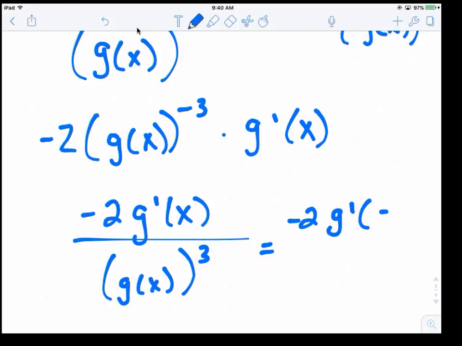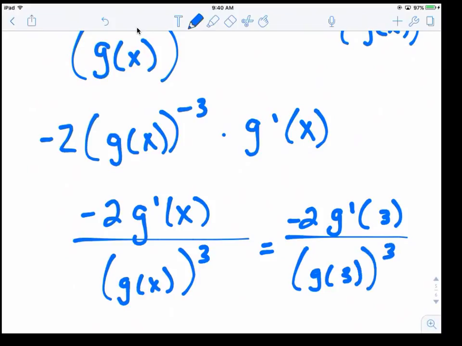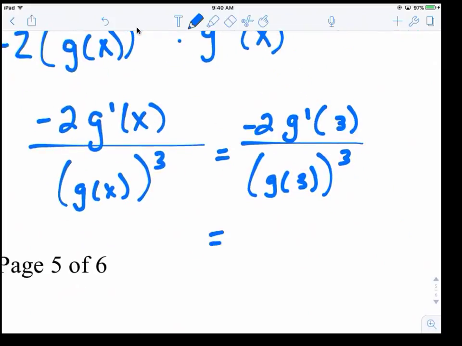What do we, 3 over, so g prime of 3 is what? -4? No, you're right, 5. So -2 times 5 over g of 3, I know is -4.